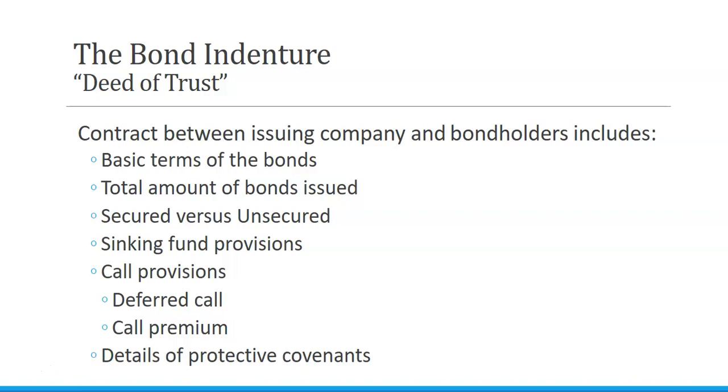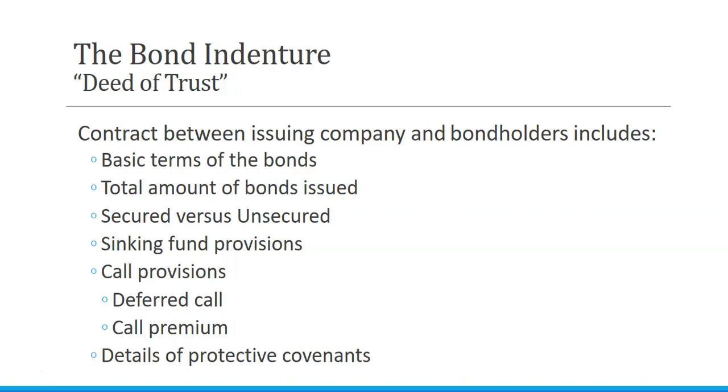So it's the written agreement between the company and the bank detailing the terms of the bond issue or the debt issue. These can be several hundred pages long, and because they're legal documents, they're not the most enjoyable things to read. They do have a lot of very, very important information, though.